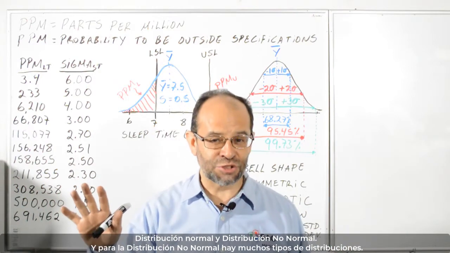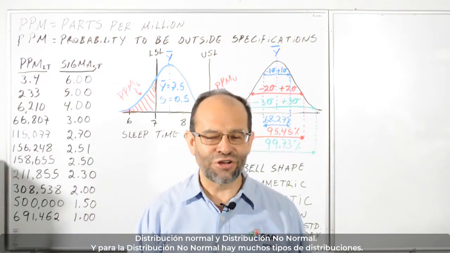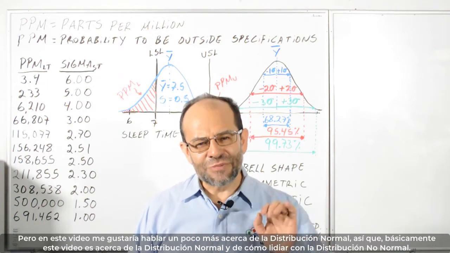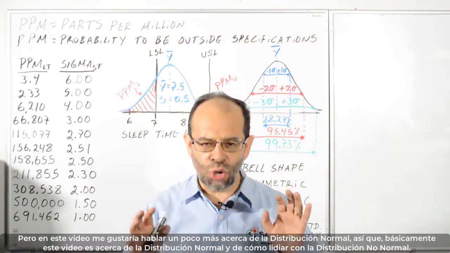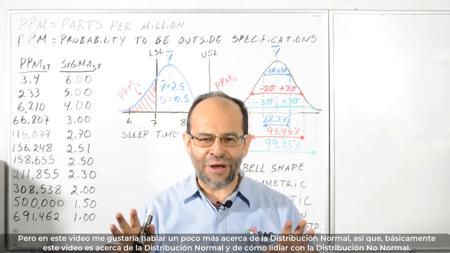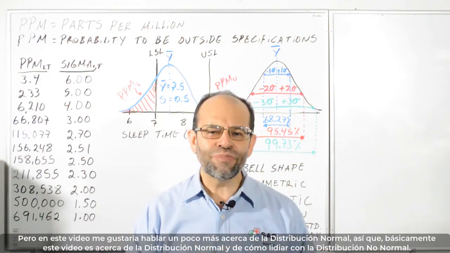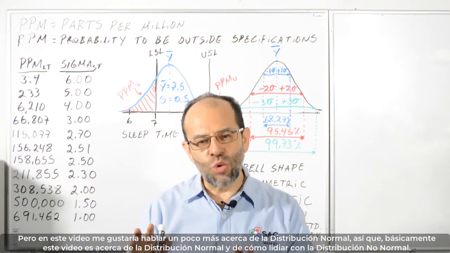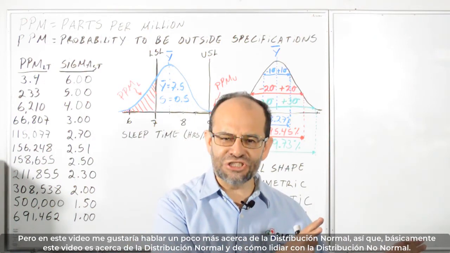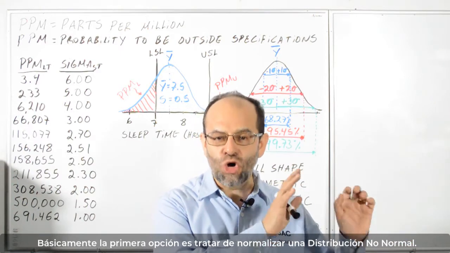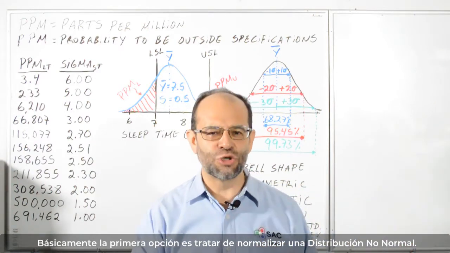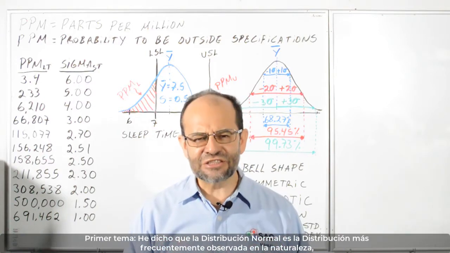For a non-normal distribution, there are many types of other distributions. But in this video, I would like to talk a little bit more about the normal distribution. So basically, this video is about normal distribution and how to deal when you are not having a normal distribution. And well, the first option is basically try to normalize a non-normal distribution. Let me start with that.